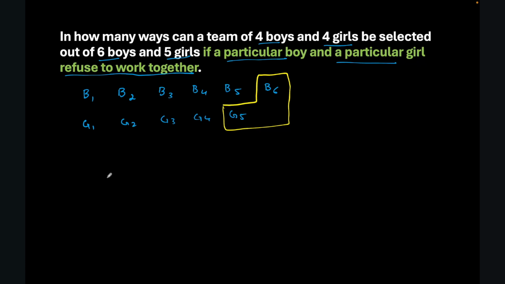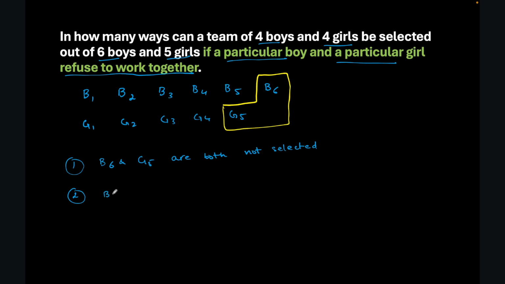Okay, so now there's one method. One option is boy 6 and girl 5 are both not selected. Okay, there's another option.